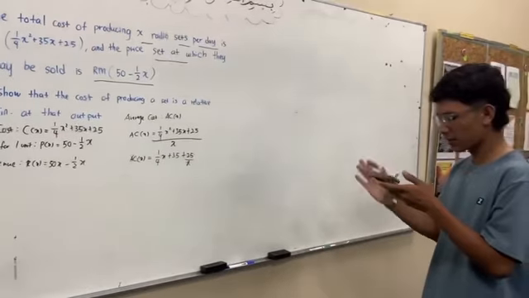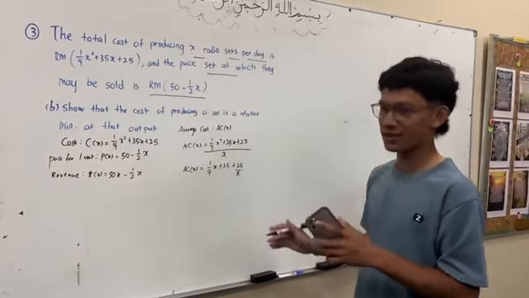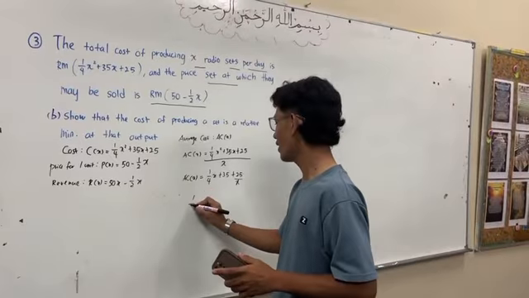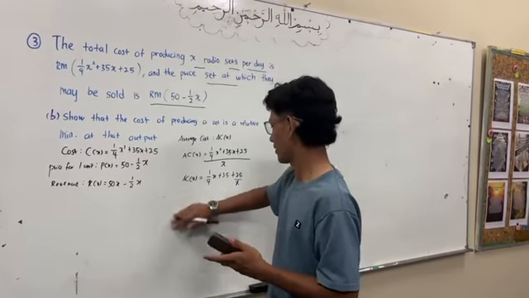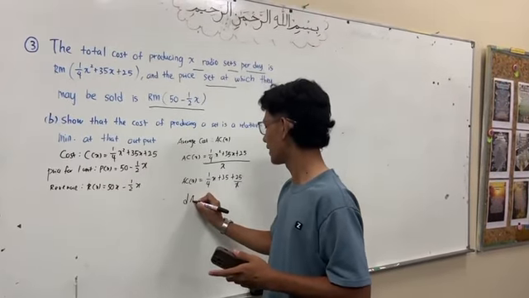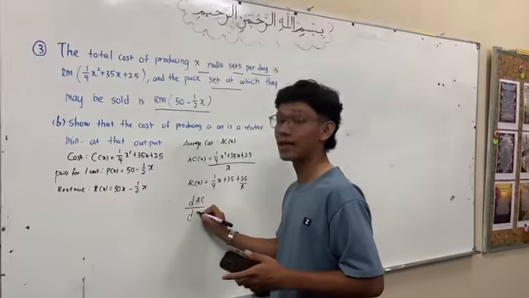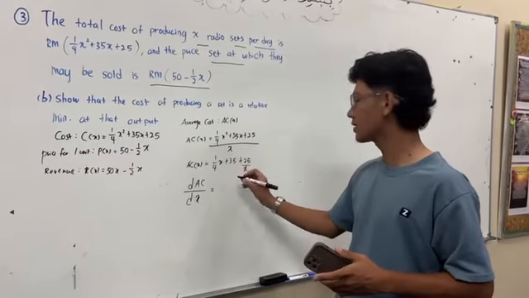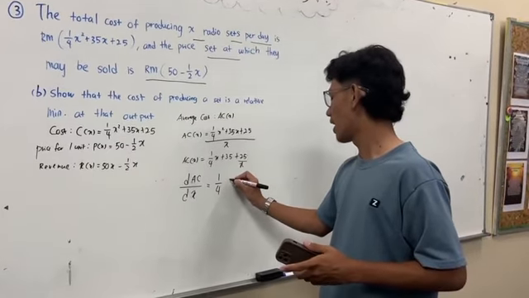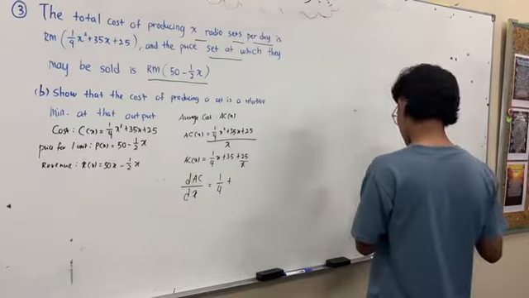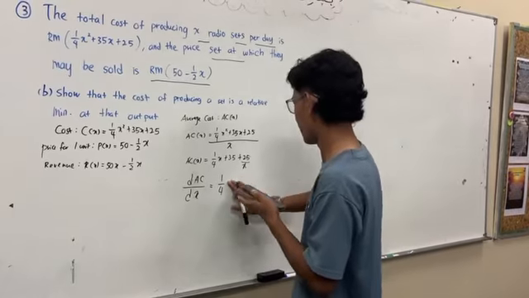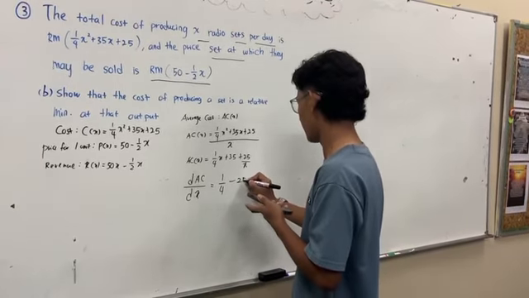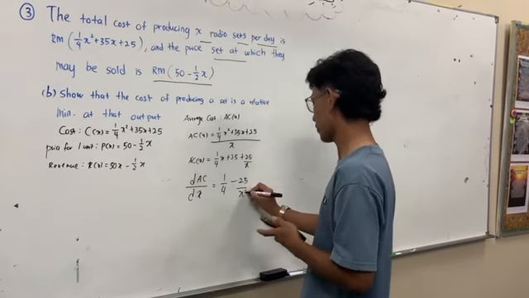So this one we need to differentiate. Differentiate dAC over dx equal to 1/4, and we get minus 25 over x squared.